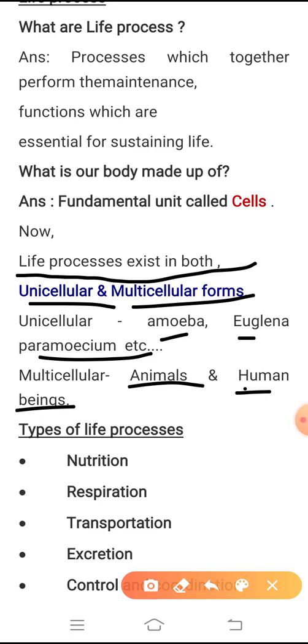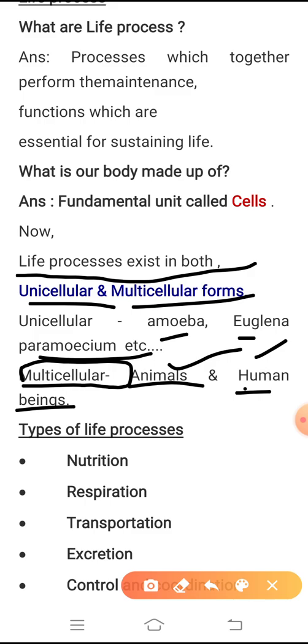But in multicellular organisms like animals and humans, there are so many cells, right? The cells combine to form tissues, and the tissues combine to form organs, and each of these different organs performs different functions.